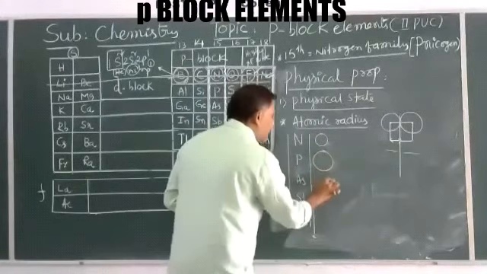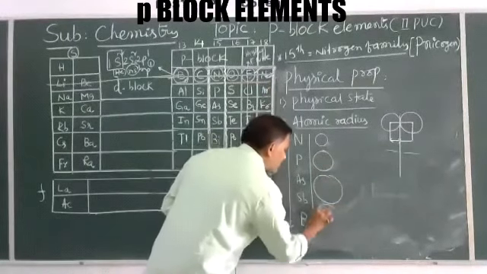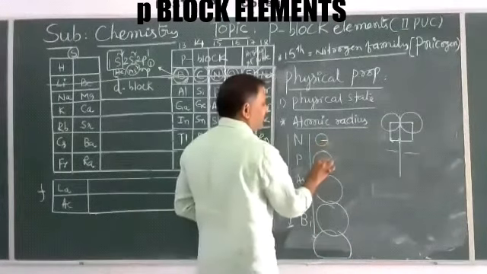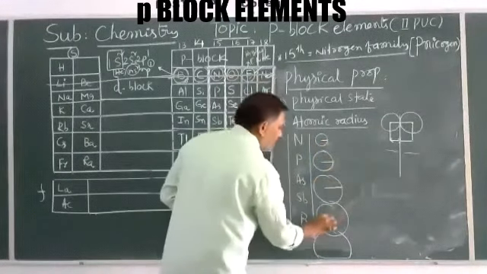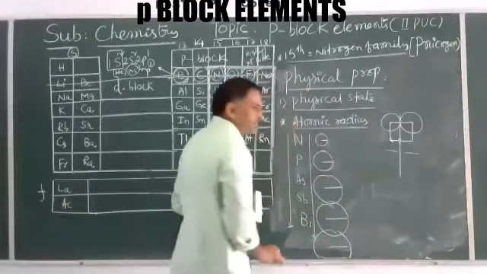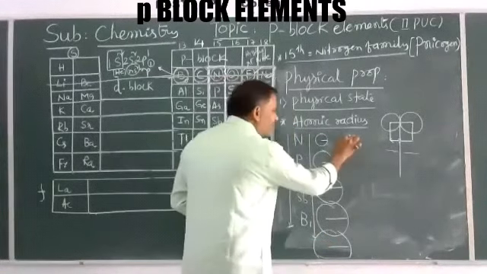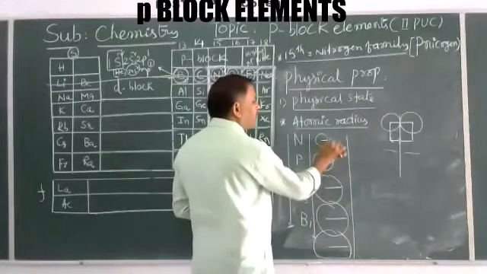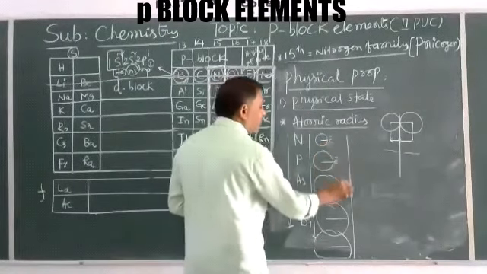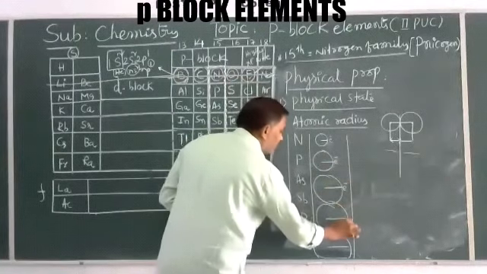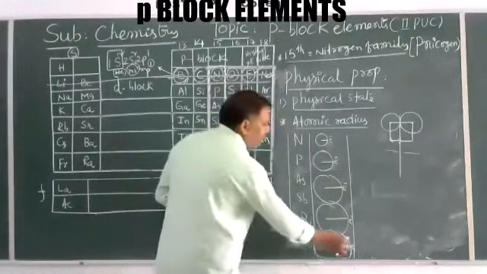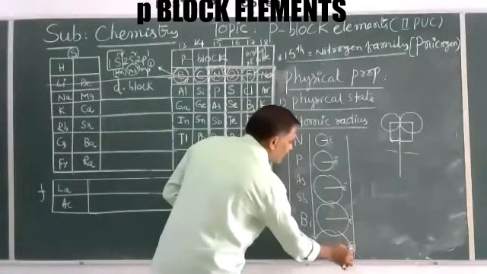That's why the covalent radius increases, and size increases from the nucleus to the outermost orbit. So whenever the covalent radius increases top to bottom, the valence electrons are loosely bonded, as the distance increases from the nucleus to the outermost orbit.